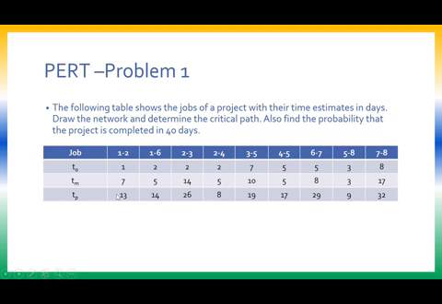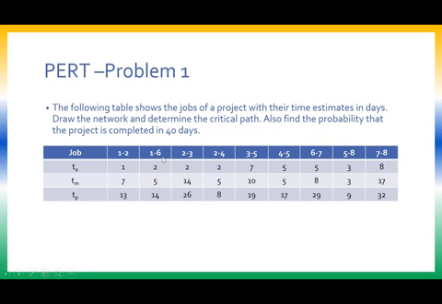Okay, so just have a look. For this particular activity 1 to 2, the time estimates might go as 1 day as the optimistic duration, 7 days for the most likely scenario, and maybe 13 days in the pessimistic scenario.